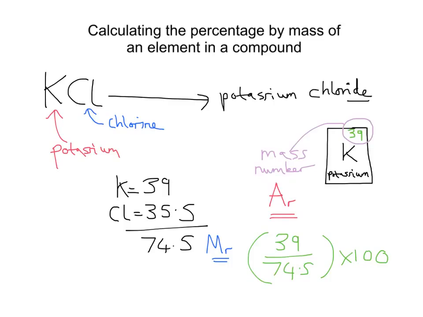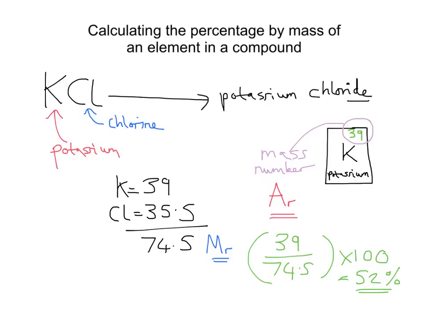That is how you actually work this out. So you would do 39 divided by 74.5 times 100, because then you're looking at how much potassium you have as a proportion of the whole thing. If you do that sum, it should come out at around 52%. And that is simply it.